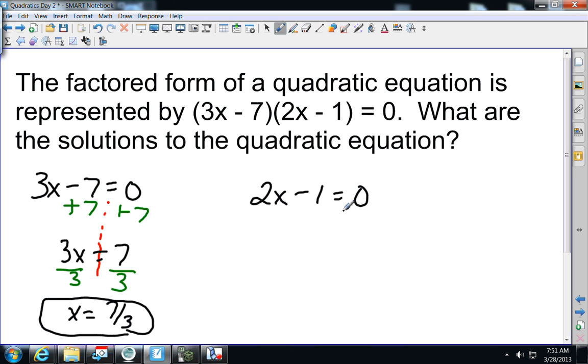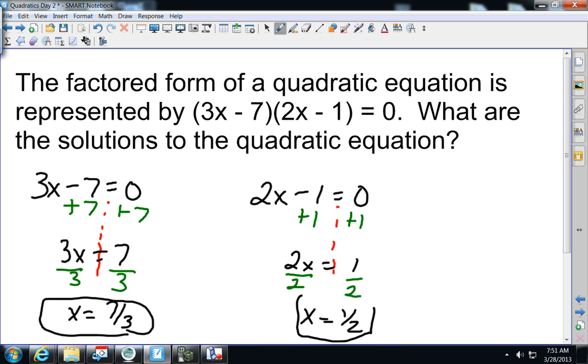The second one, I will add 1 to each side. I get 2x equals 1. I'm going to divide by 2. X equals 1/2. So I have 2 solutions. They're 2 positive solutions.